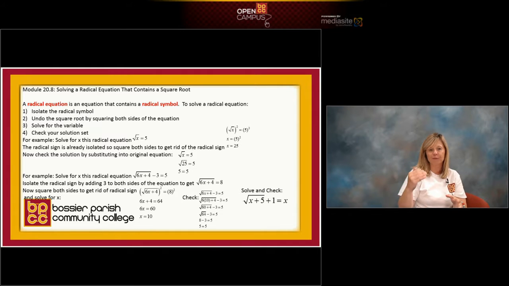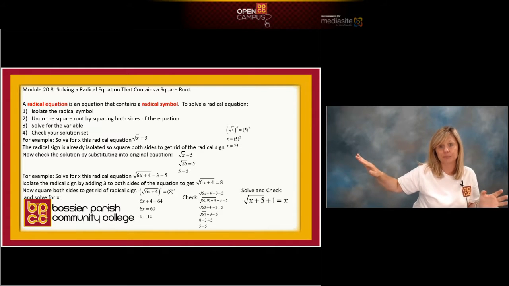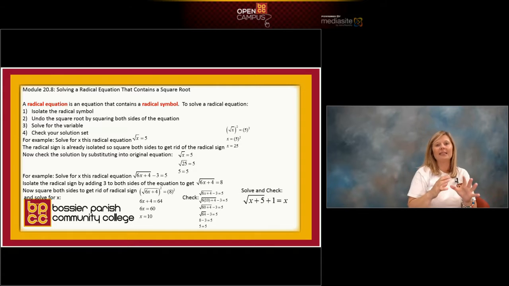So we have 4 steps. They're real simple. The first thing we want to do is isolate the radical symbol. We want the root symbol on the left and everybody else that's not part of the root symbol on the right. Once we get that root symbol isolated, then we're going to get rid of it by doing the inverse operation. And we already know this.